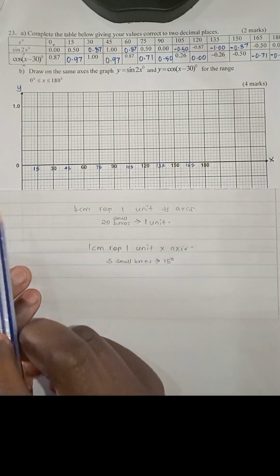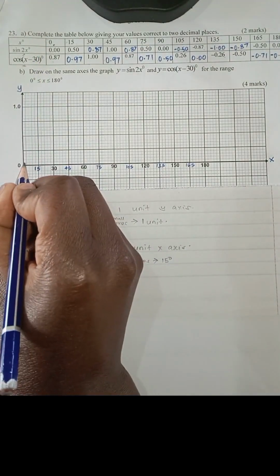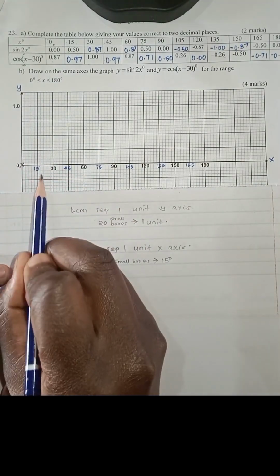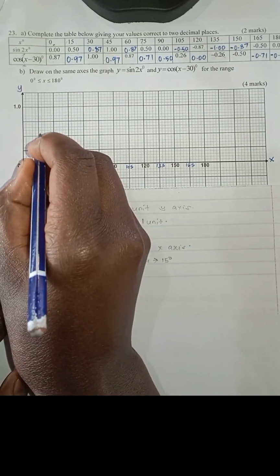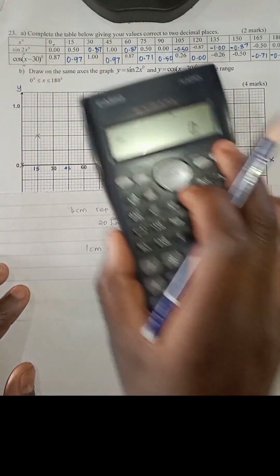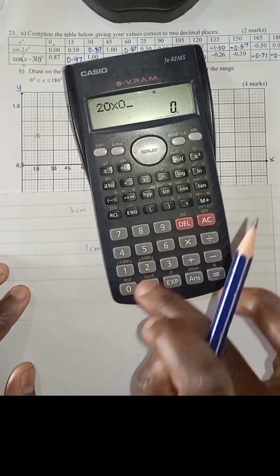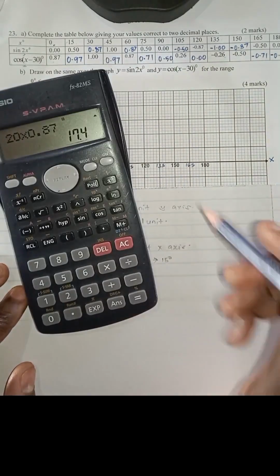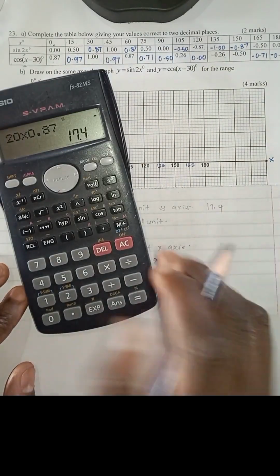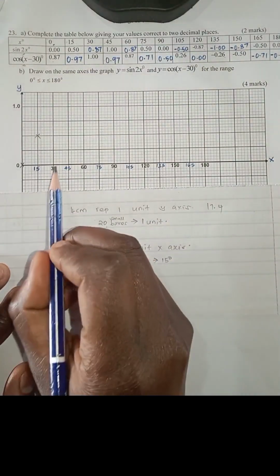So to start with sin 2x, it is just simple. When x is 0, sin 2x is 0. When x is 15, sin 2x is 0.5. When x is 30, you just take 20 and multiply by 0.87, we get 17.4.